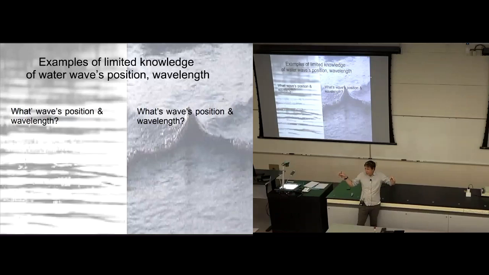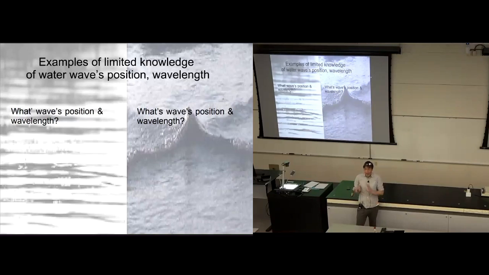If I know the location well, I've ruined my knowledge of the wavelength. That's the right-hand picture. I knew the position well, but I don't know the wavelength. If I know the wavelength well on the seesaw, then I don't know the position very well. That's the left-hand side picture. So these are two extremes. You can't know both simultaneously.